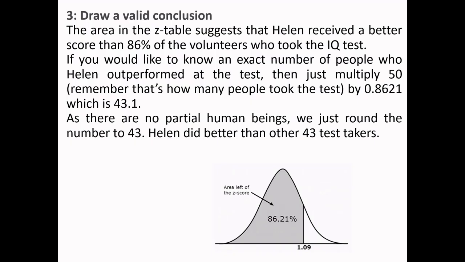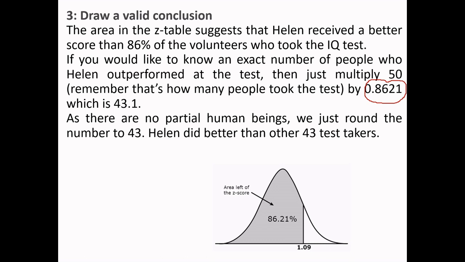So what can we say? We can draw a conclusion. The area in Z table suggests that Helen received a better score than 86% of the volunteers who took the IQ test, because in Z-score table for 1.09 the value was 0.8621.